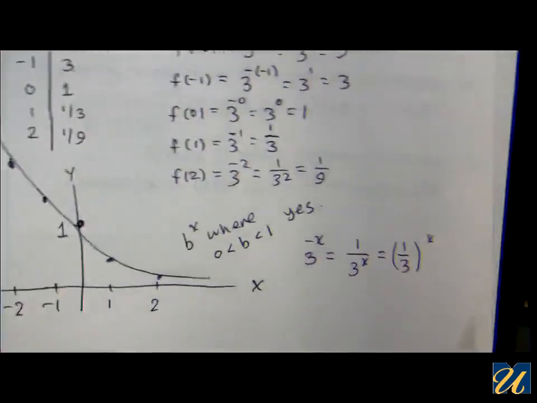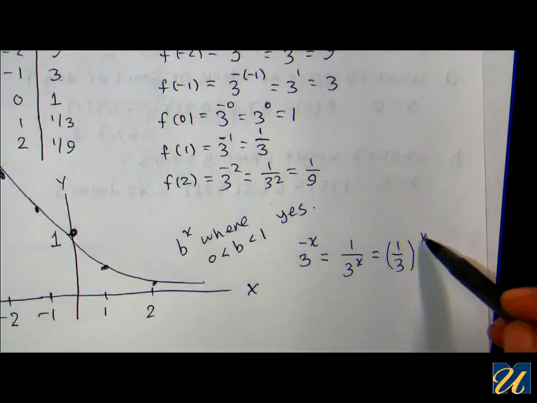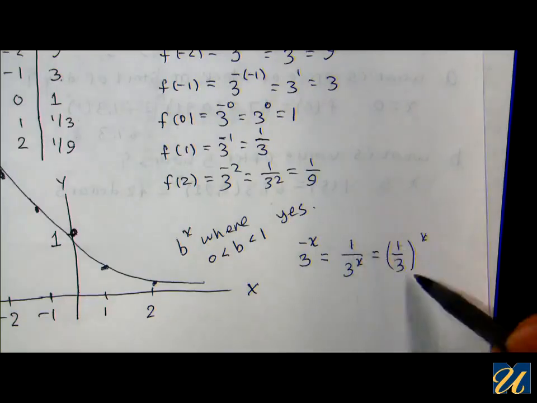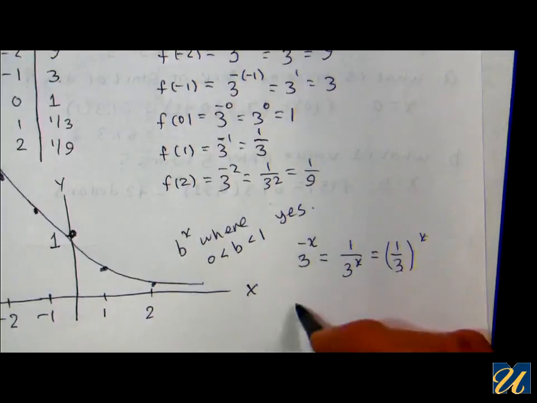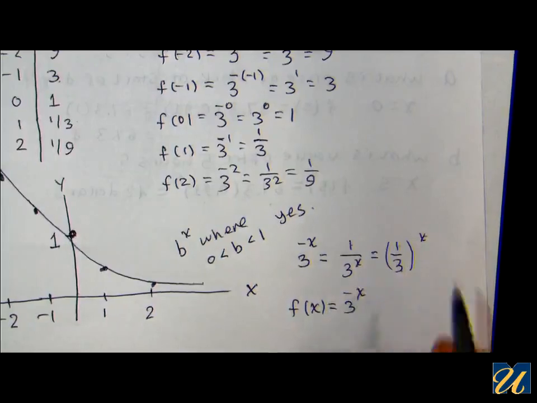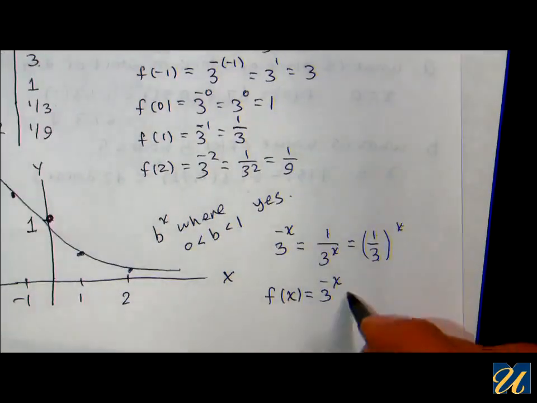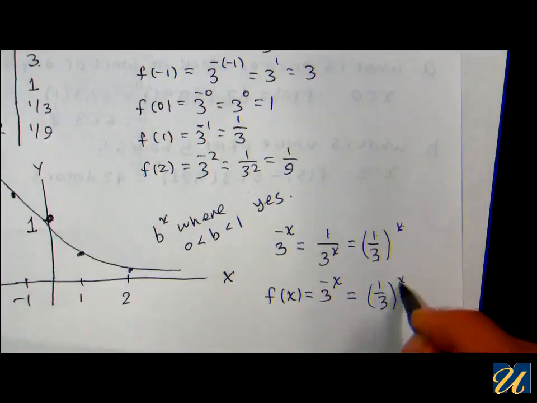The reason why is that when a fraction is raised to an exponent, the top gets raised to the power, well, 1 to the x is just 1, and the bottom gets raised to that exponent. So there you go. The original function, f of x, which is 3 to the negative x, is exactly the same thing as 1/3 to the power x.